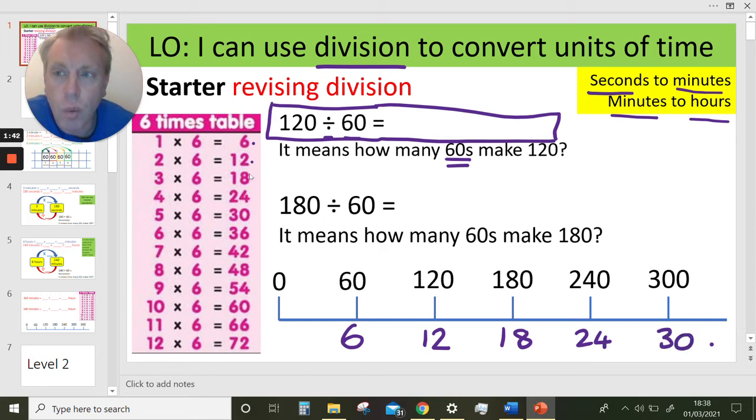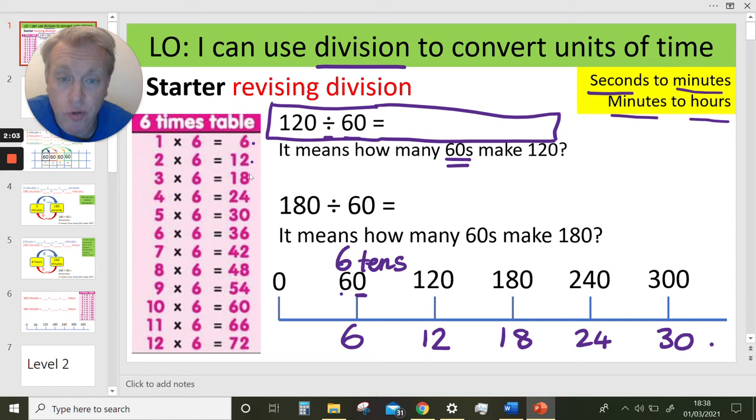Can you see that when we count in 60s, it's just like counting in 6s, isn't it? And why is that? Because 60 is just 6 tens.